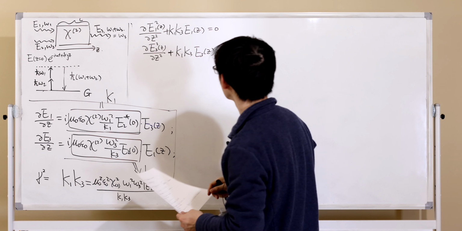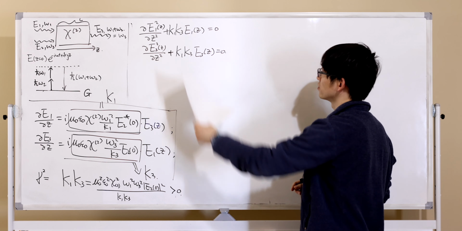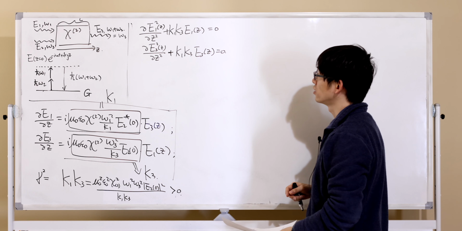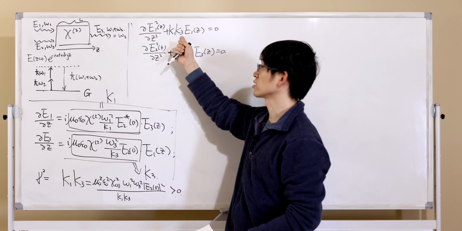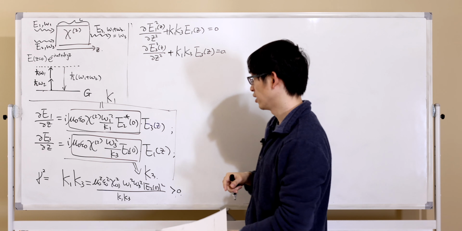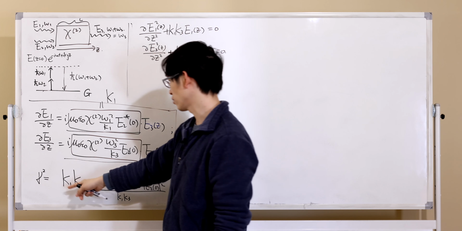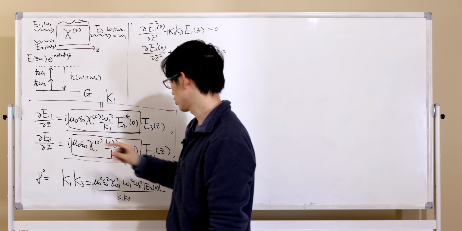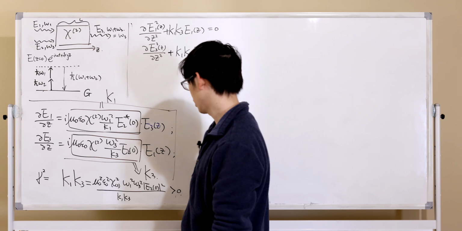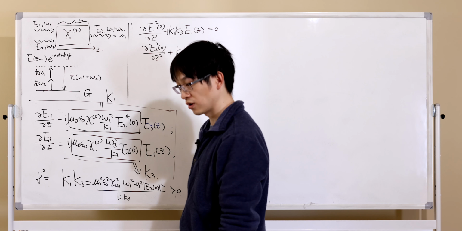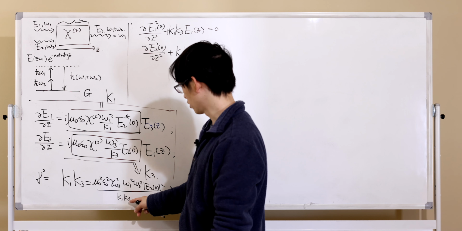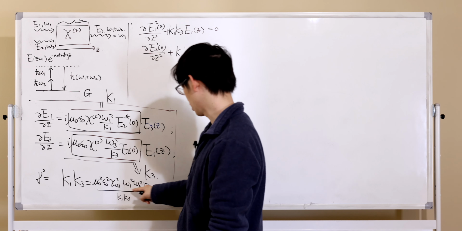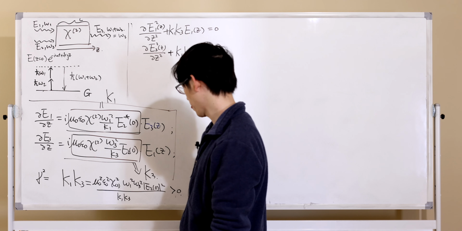let's look at how to solve them. The solution is actually fairly straightforward, and it depends on the sign of the coefficient. We already know K1 and K3 are these two coefficients, so you write them down. What you can see is that there are a lot of coefficients that are squares, so they're all positive.